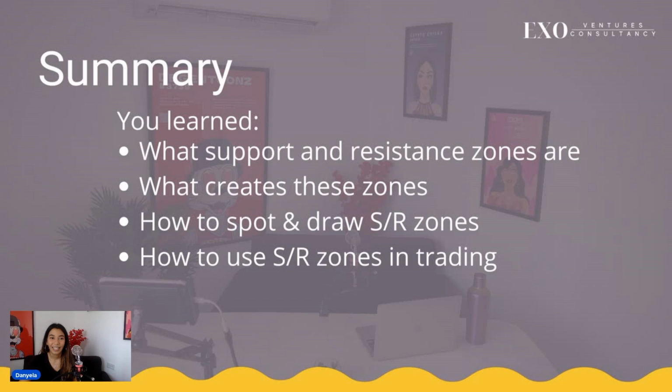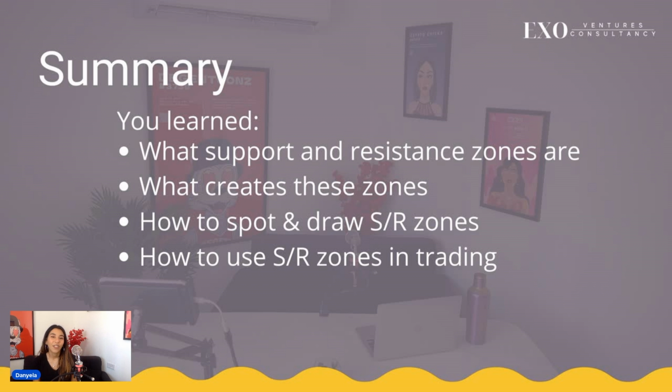All right, this is turning out to be a very long video, but basically what you learned in this video is the following. You learned what exactly support and resistance zones are. You learned what creates these zones, which are buying pressure or selling pressure, demand and supply. You learned how to spot these zones in the chart and how to draw your lines and zones.